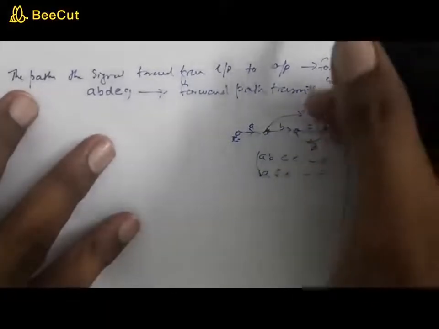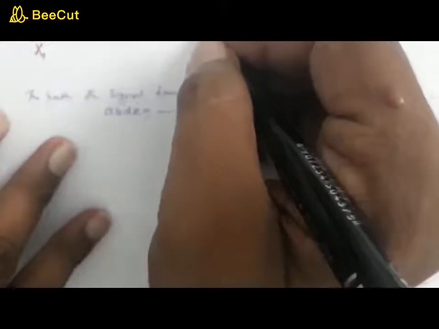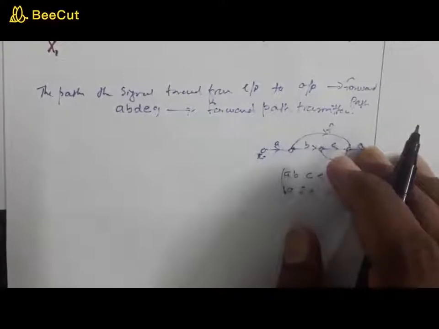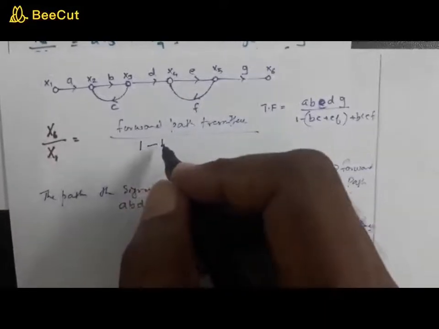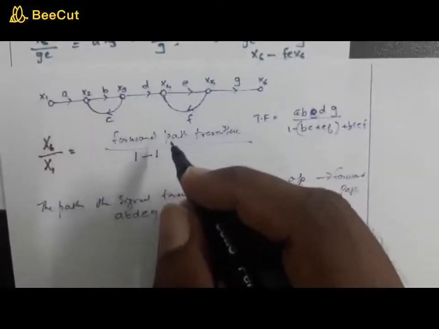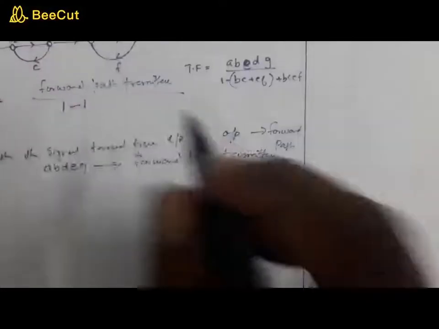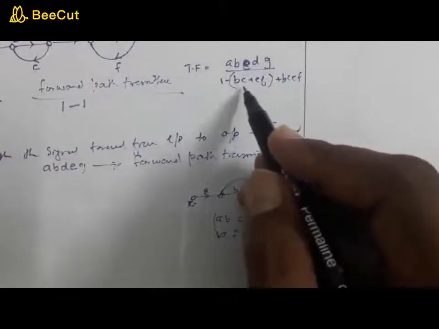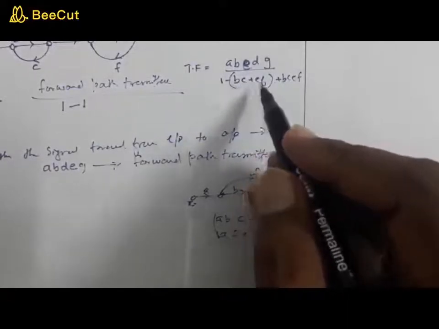Now, coming to this, I'm going to generalize. The transfer function is the forward path transmittance divided by 1 minus the sum of some transmittances, that is BC and EF.